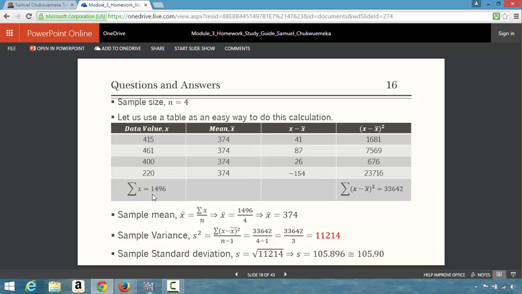I found sigma x in order to find the mean, because I needed the mean here. When you do that, you get the variance as 11214. The square root of the sample variance gives you the sample standard deviation, and the square root of the population variance gives you the population standard deviation.